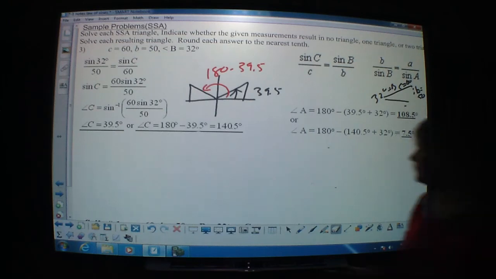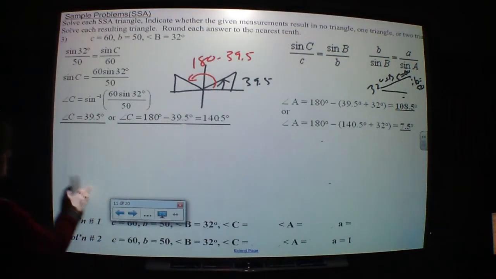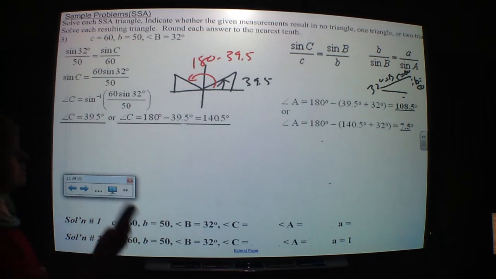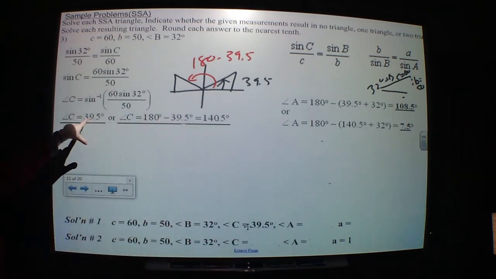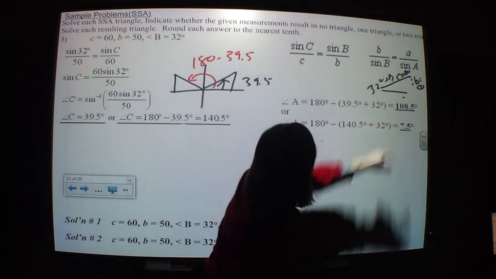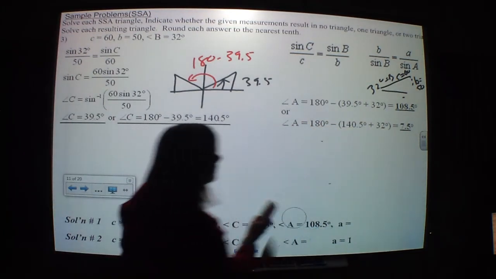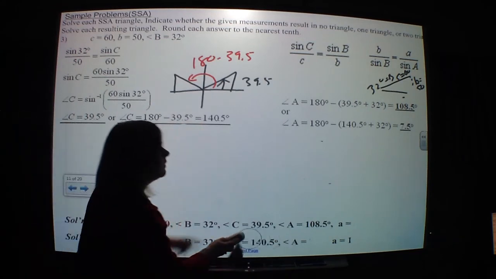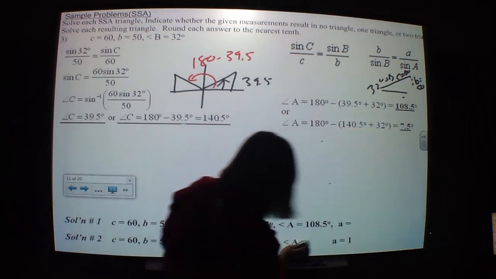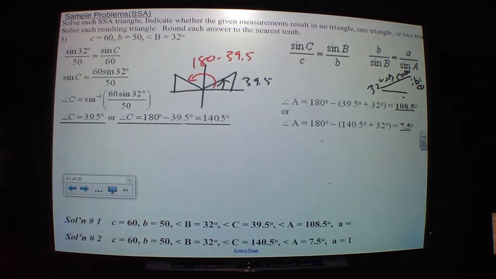Okay? So that's what I have right here. So I have, let's see, angle C. If angle C is 39.5, angle A would be 108.5. If angle C is 140.5, angle A is 7.5. Okay?